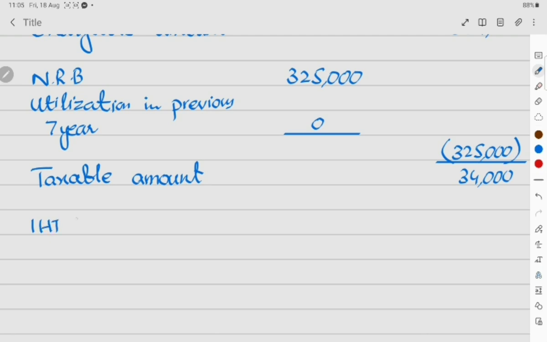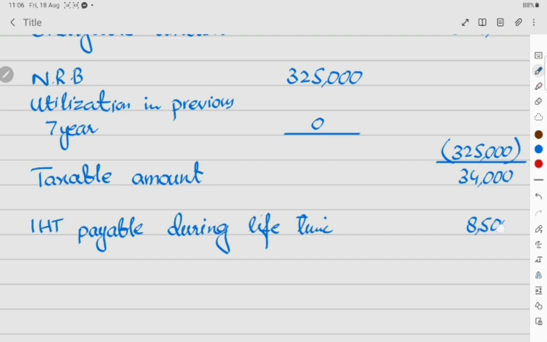IHT payable during lifetime is 25% of 34,000, so it will be 8,500. 8,500 is IHT payable during lifetime.